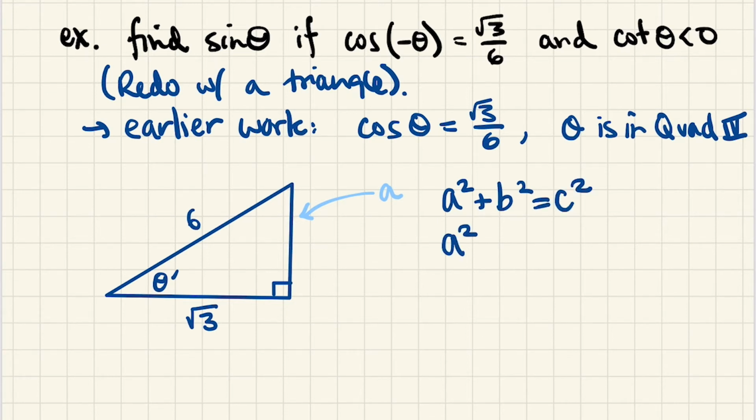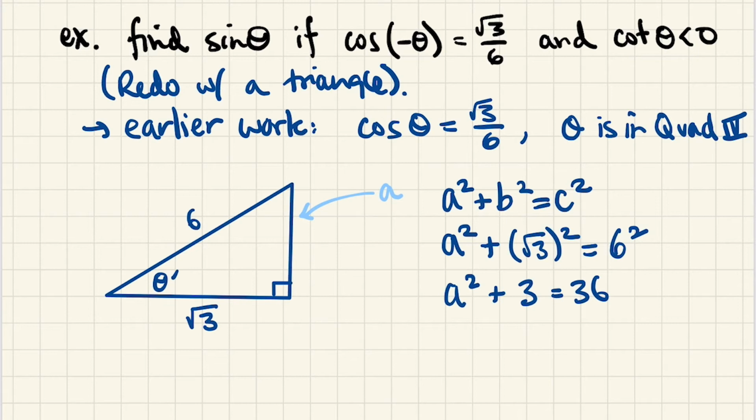So that's a squared plus b squared, well, b is the base, and that's the square of rad 3, is equal to c squared, the hypotenuse, which is the square of 6. So we have a squared plus 3 is equal to 36, and therefore a squared is equal to 36 minus 3, which is 33. So a is equal to rad 33.